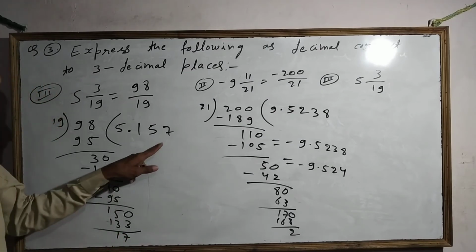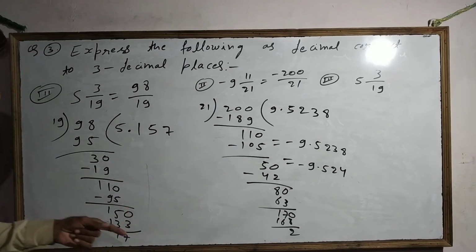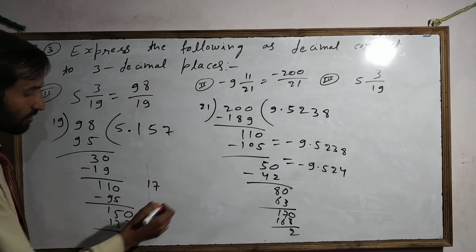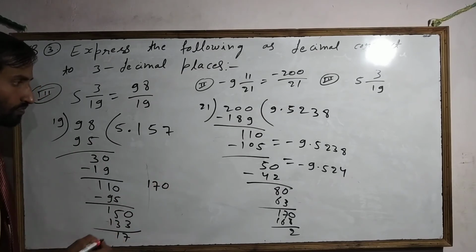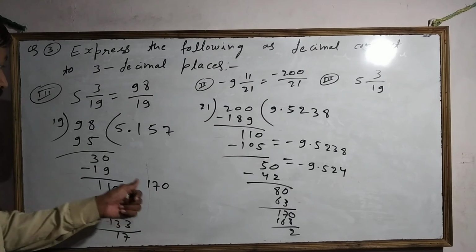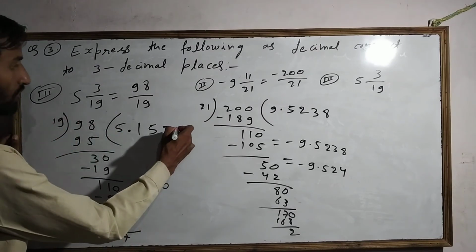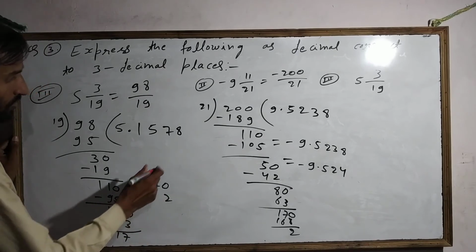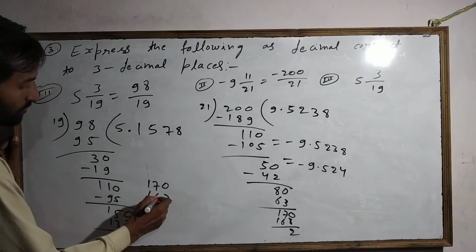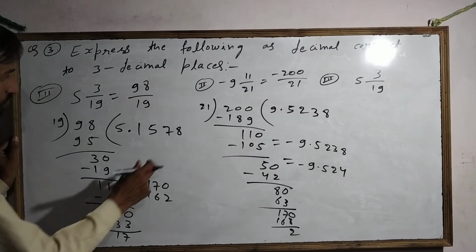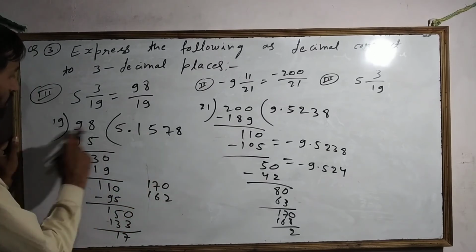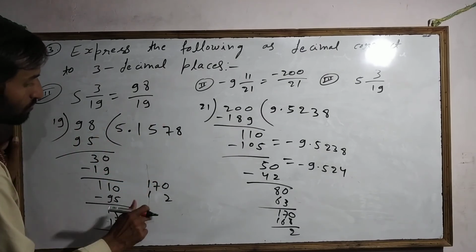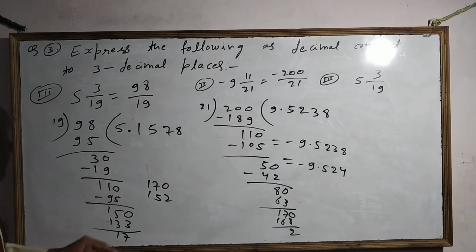Okay, 3 decimal places we have divided. Now we put a 0 again, and divide, the remainder being 17. 8 times 19: 8 times 9 is 72, carry 7, and 8 plus 7 is 15, so 152.